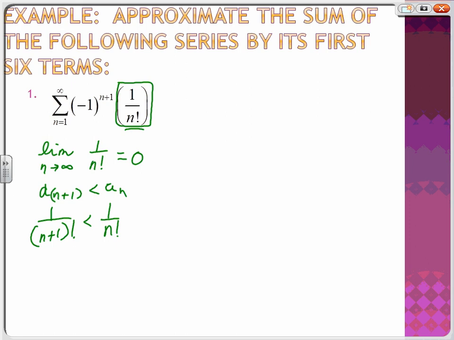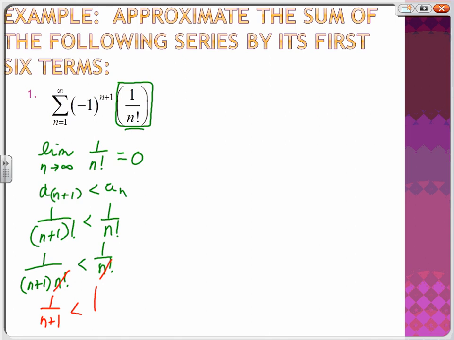Well, let's just simplify a little bit so we can see it. This would be 1 over, pull it out, n plus 1 times n factorial. Is that smaller than 1 over n factorial? So what do those n factorials do? They basically cancel. So is 1 over n plus 1 smaller than 1?